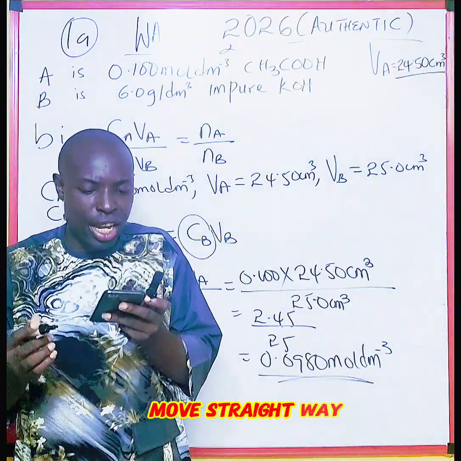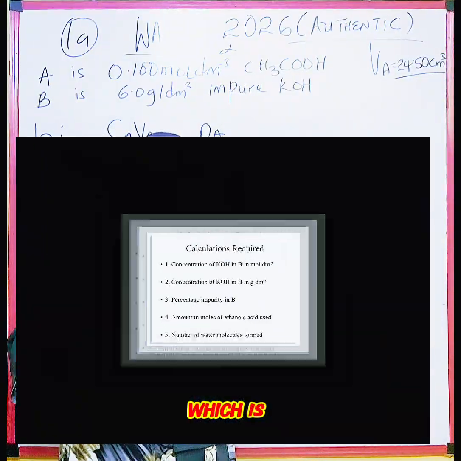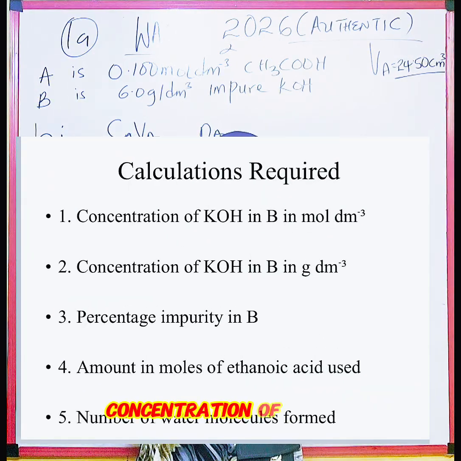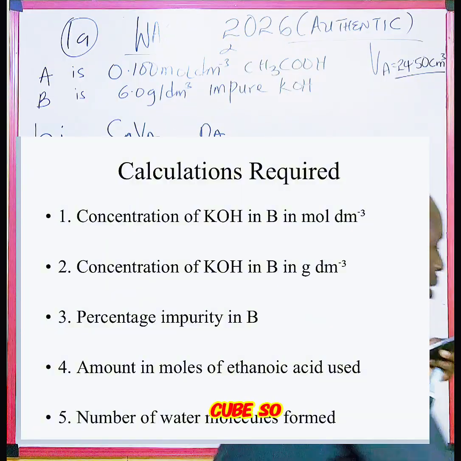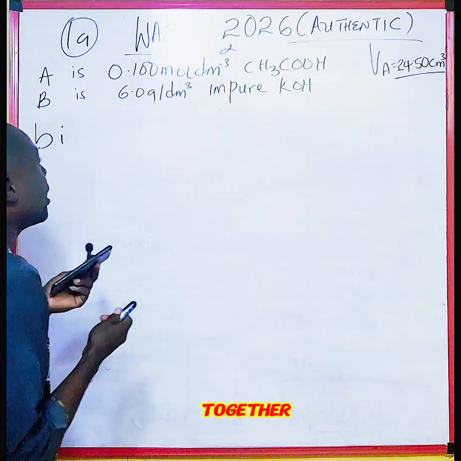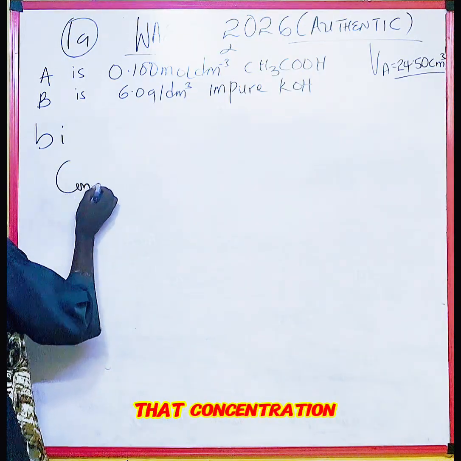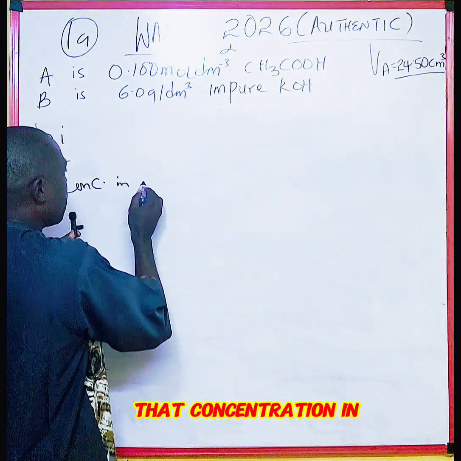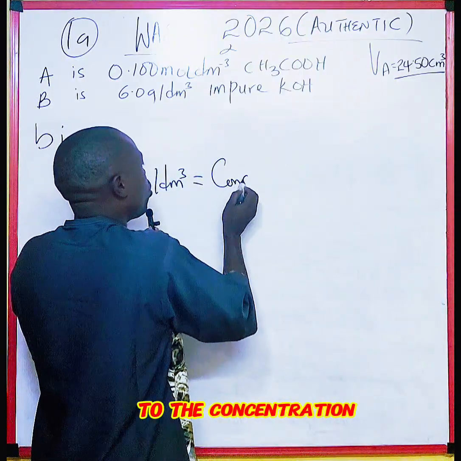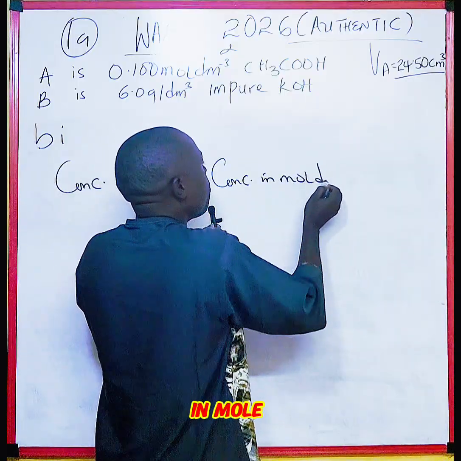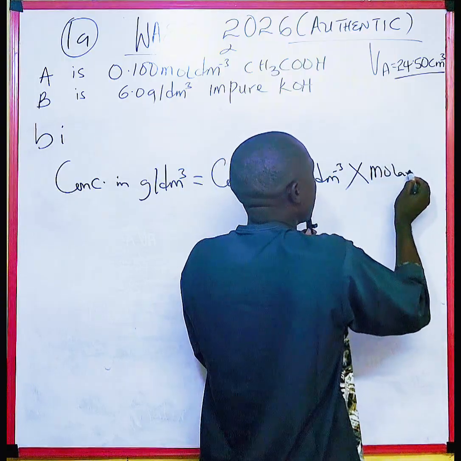So we move straight away to the second question, which is the concentration of potassium hydroxide in B in gram per dm cube. Now remember that concentration in gram per dm cube is equal to the concentration in mole per dm cube multiplied by the molar mass.